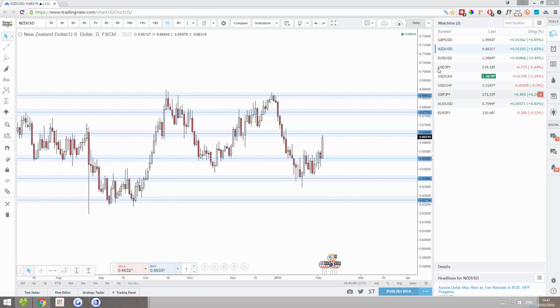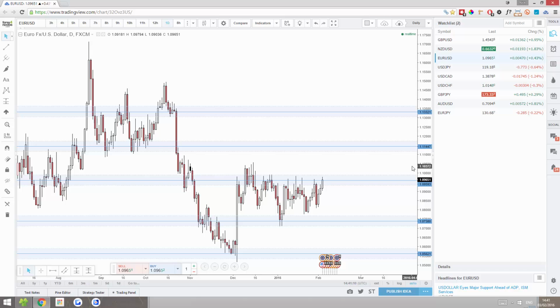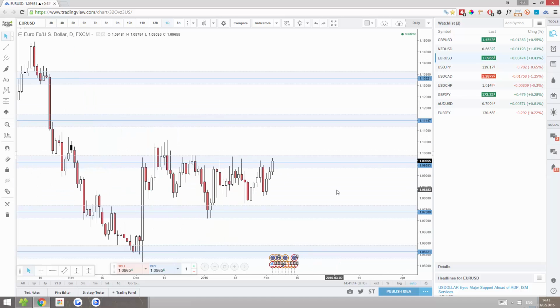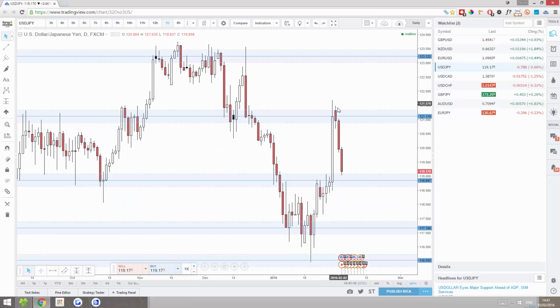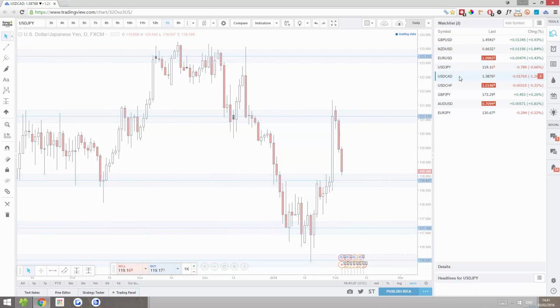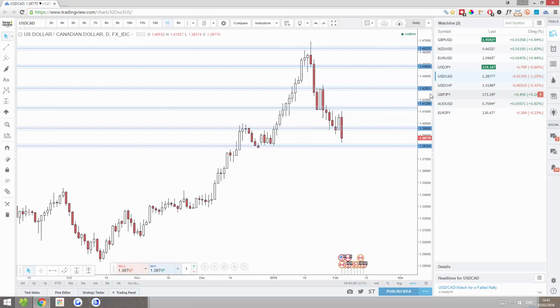So keep a close eye on that one for the rest of the day. We got Euro/USD that's sitting on major resistance right now, which also looks pretty good. Keep an eye on that. And we got USD/JPY that's gone down to major support, so keep an eye on that. We could be seeing reversals on GBP/USD, New Zealand USD, Euro/USD, and USD/JPY. So yeah, keep a close eye on those four pairs for today.